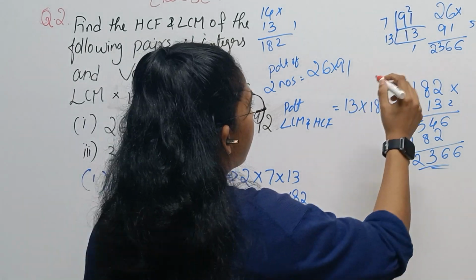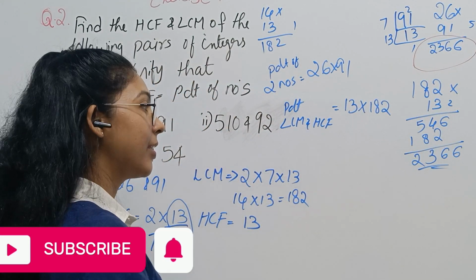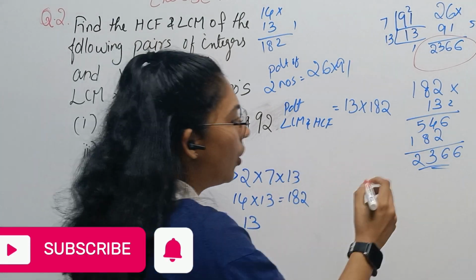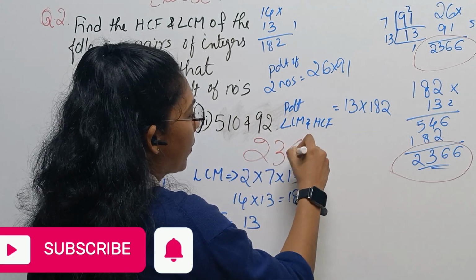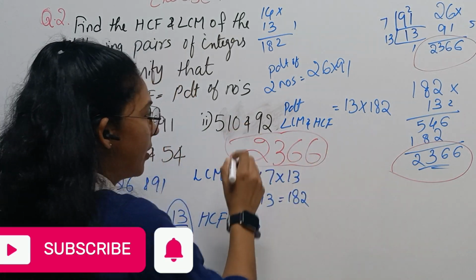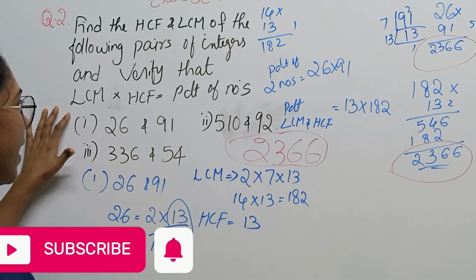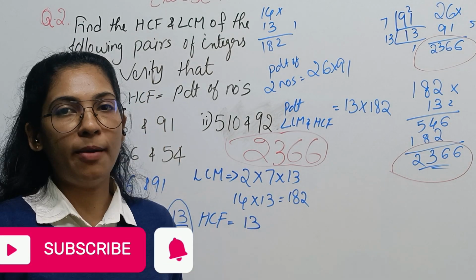See, we get the product of the two numbers as 2366. Similarly, the product of LCM and HCF is also 2366. So thus we verified that the relation LCM into HCF is equal to the product of these two numbers.